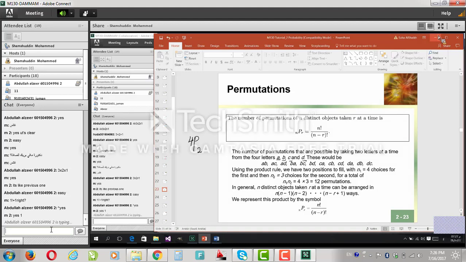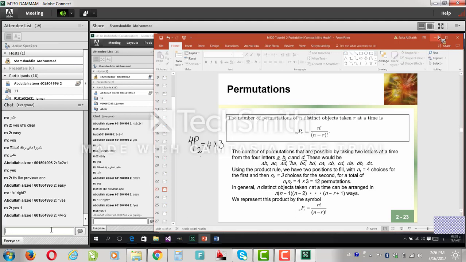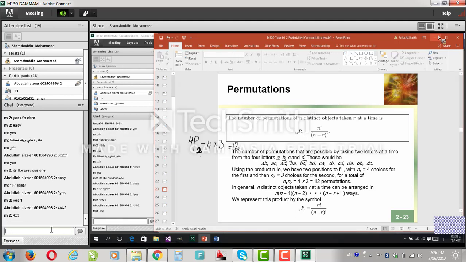So it is not 4 times 3 times 2 times 1, because I only have 2 places. So it is 4 multiplied by 3, which is the options that we have.